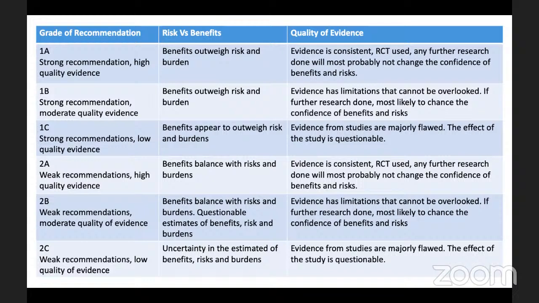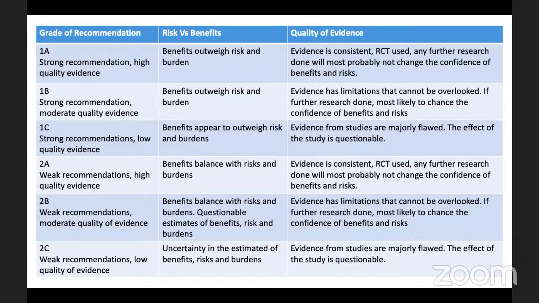I won't go through the entire thing, but if you look at the first one, it's 1A, which says it's a strong recommendation with a high quality of evidence. The benefits outweigh the risk and the burden, and the quality of evidence shows that the evidence is consistent, a randomized control trial is used, and any further research done will most probably not change the confidence of the benefits and the risks.